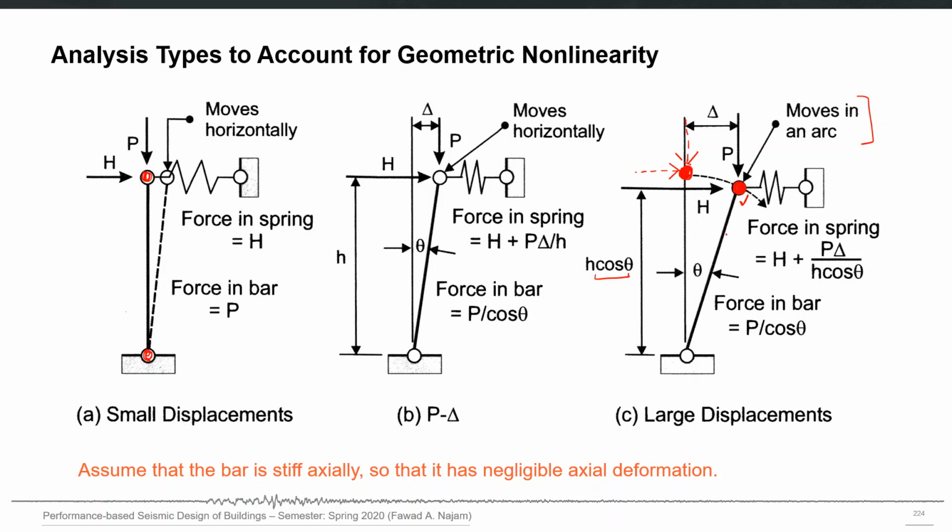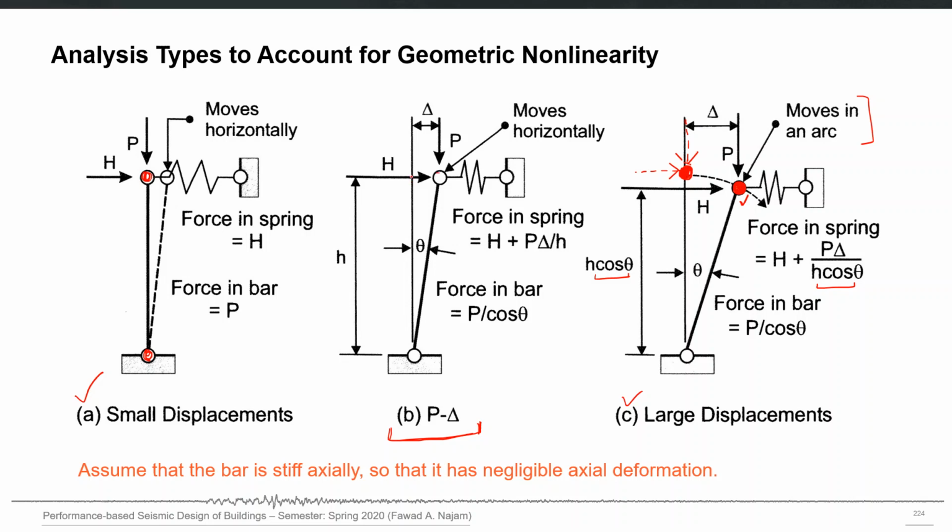So if you apply the equilibrium equation on this diagram, you will get the force in the spring as capital H plus P delta over H cos theta, and the force in the bar will be P over cos theta. But in between A and C, there is a compromise analysis procedure called P delta analysis, and in this analysis we consider the equilibrium in the deformed position.